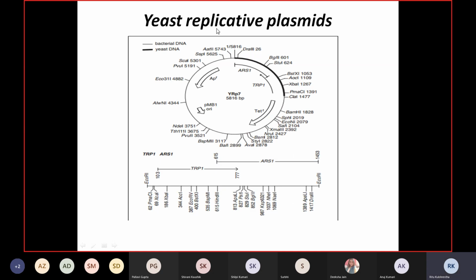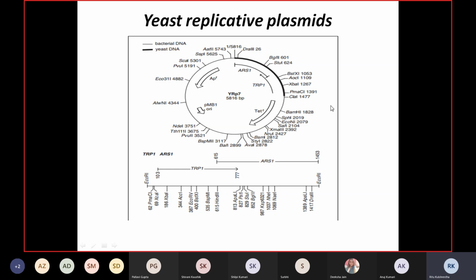Then coming to the yeast replicative plasmids. So here what do we have? We have a plasmid origin of replication, ampicillin and tetracycline for selection in bacteria. Then we have tryptophan for selection in yeast. And what else do we have?